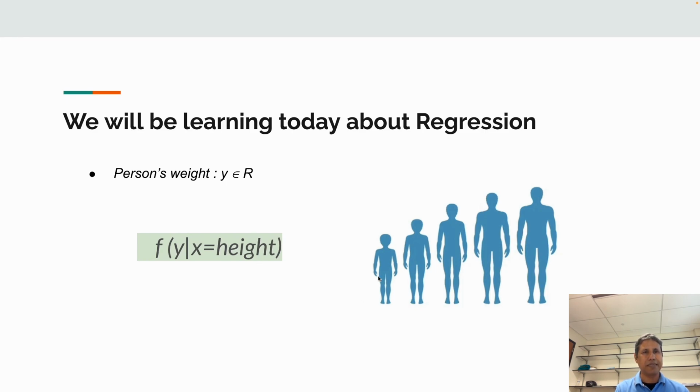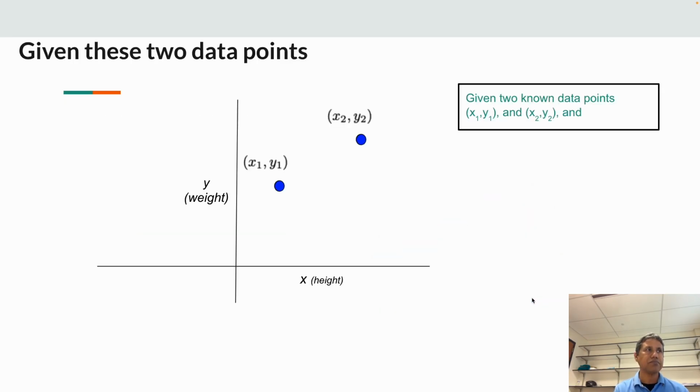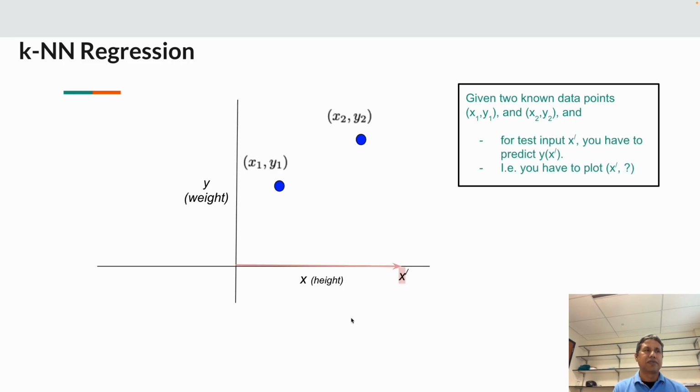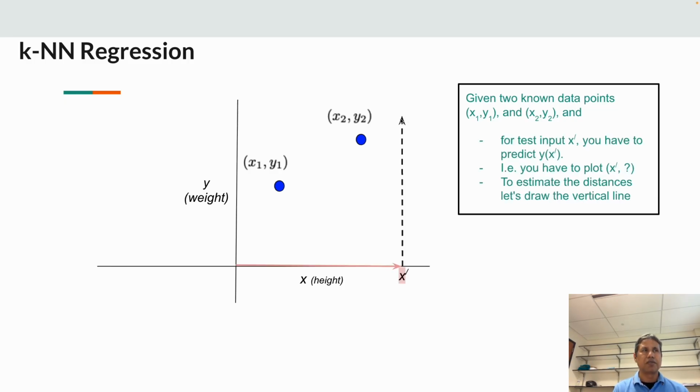A small kid will have less height and their weight will also be less compared to adults, right? So we are given two data points, and we want to use our KNN model to do the prediction. Given this new data point x prime, what we have to do is estimate the distance between this dotted arrow and all the available data points.